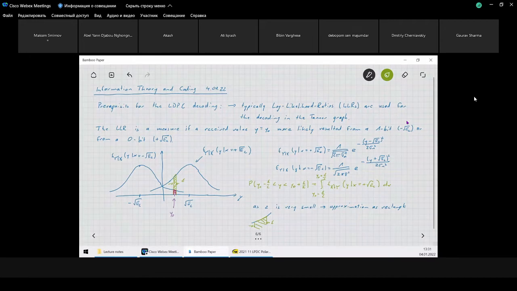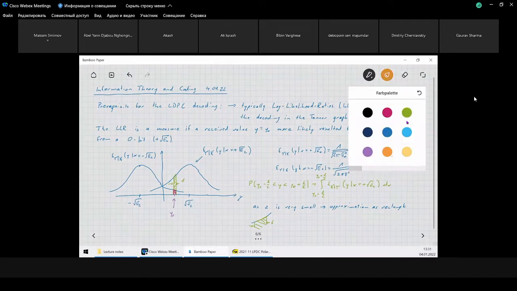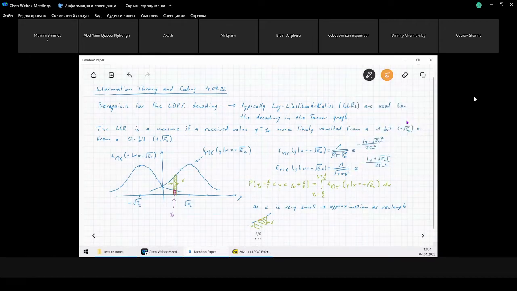What we do, we simply approximate this by taking the function value in the middle at y0 and using here just this rectangular shape. So you see, we will make a small mistake here, but the more narrow epsilon is, the smaller this error will be.